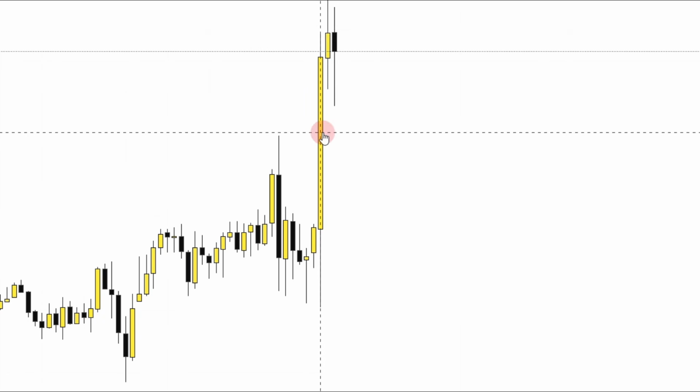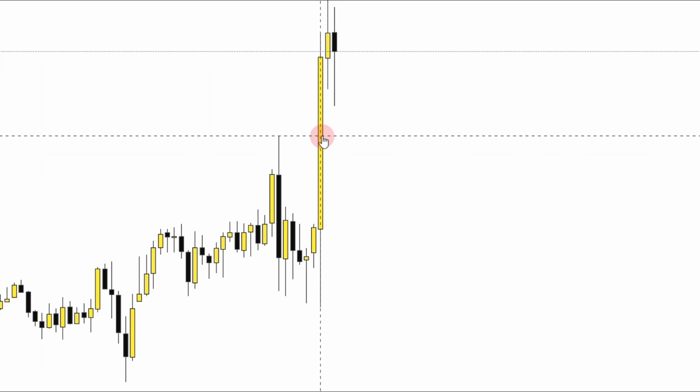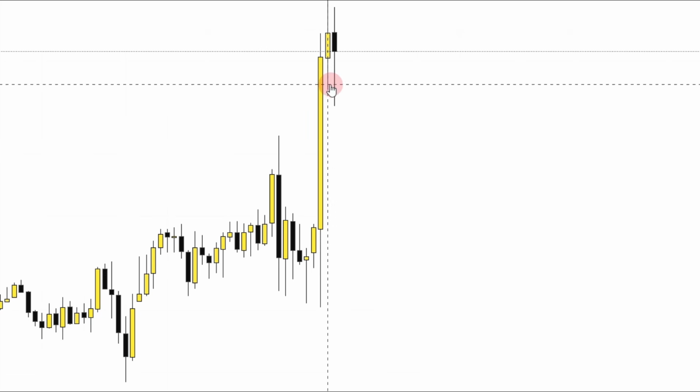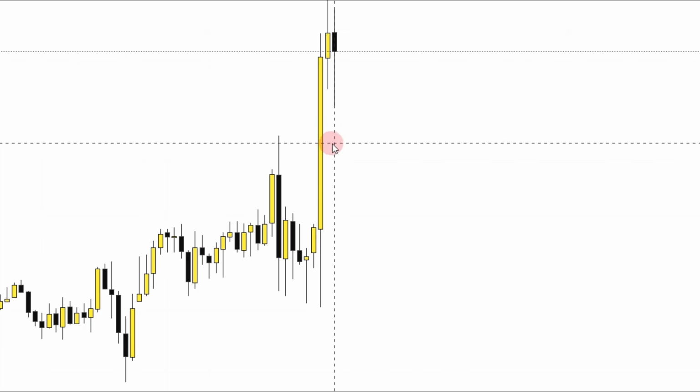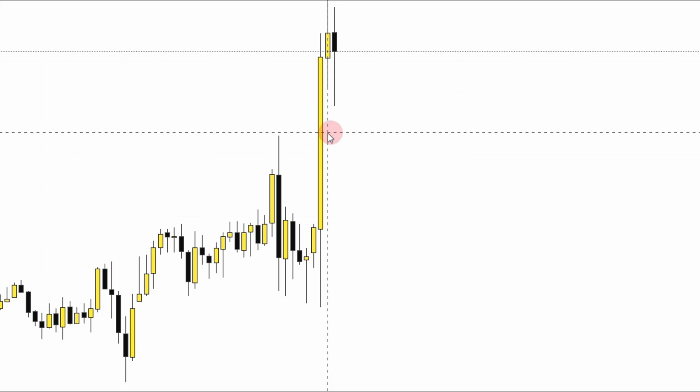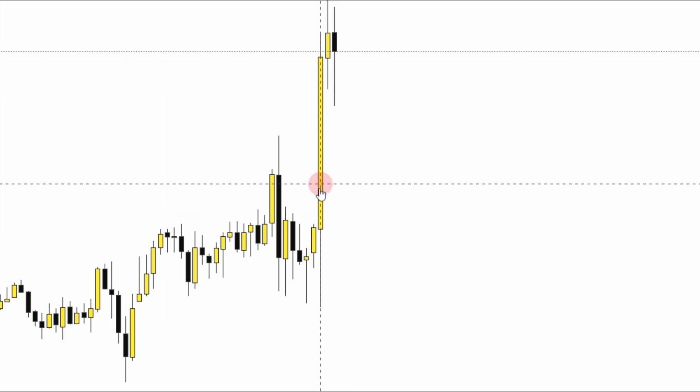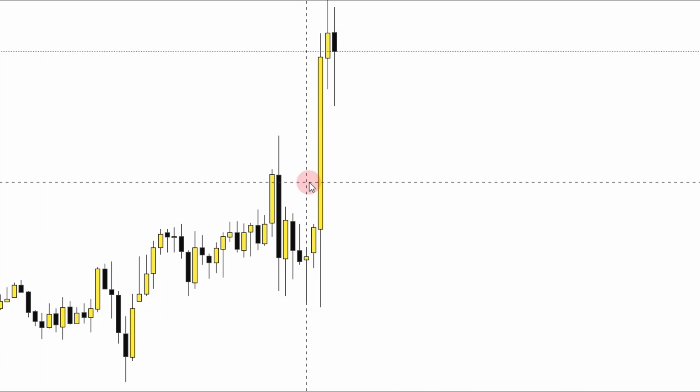But when you look at the middle of this candle, you see that there is space here. This is what we call an inefficiency or an imbalance. Other traders call it a fair value gap. So this is the imbalance I'm talking about. When you look at this, you mark this as a demand zone.